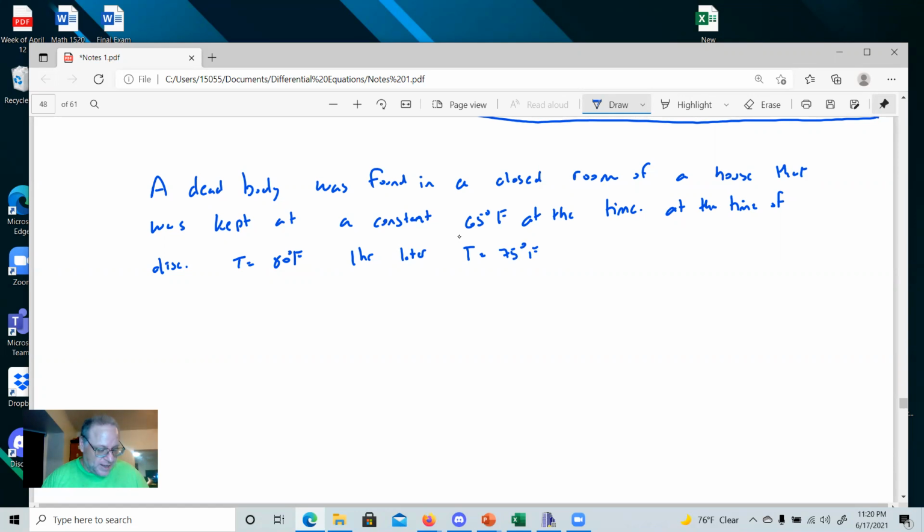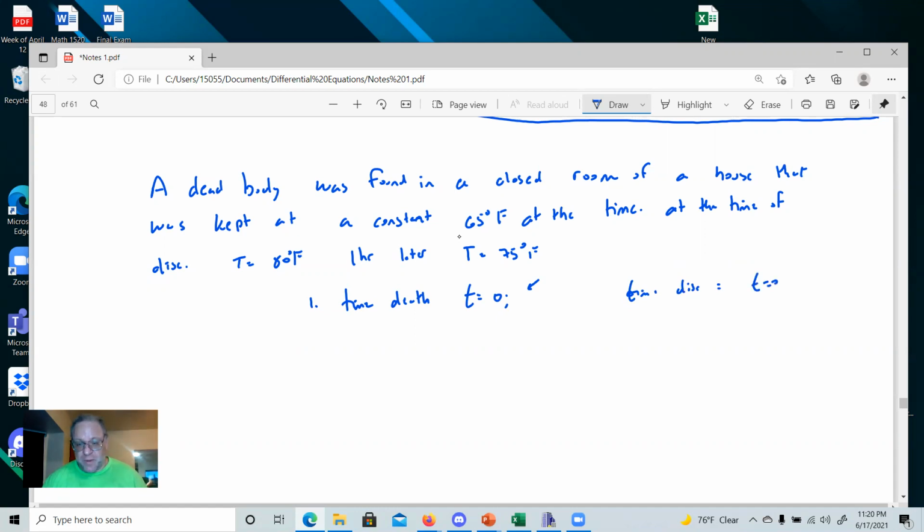Okay, let's see. So we're going to make some assumptions here to do this. So one, the time of death, this is what the problem in the book told us, corresponds to t equals 0. This problem is actually easier if you just allow time to be negative and say the time of discovery is time 0, t equals 0.